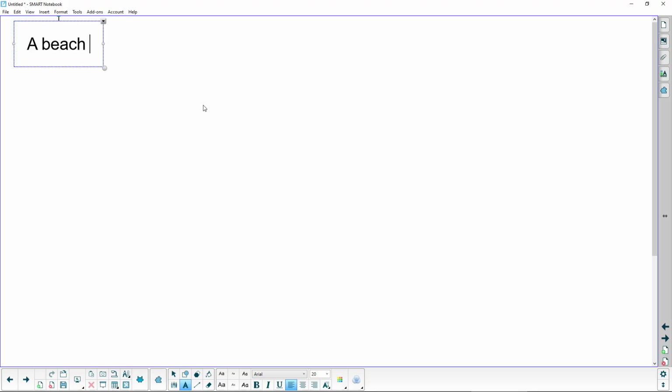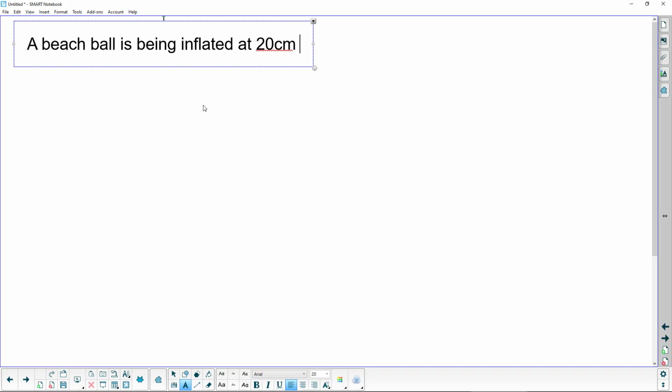A beach ball is being inflated at, let's say, 20 centimeters per second, growing its circumference.